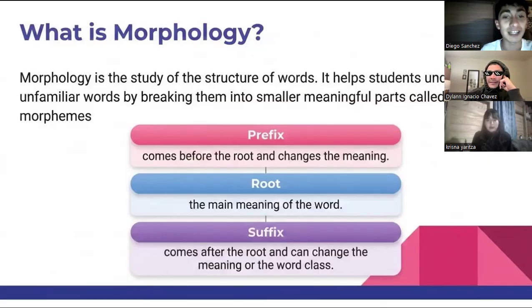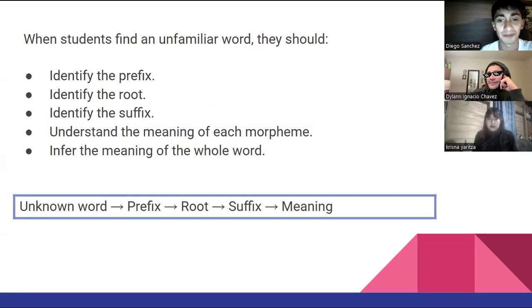The morphemes can be the prefix, which comes before the root and changes the meaning; the root, which is the main meaning of the word; and the suffix, which comes after the root and can change the word class. Okay? Now we're going to move a little deeper with an explanation from Dylan.